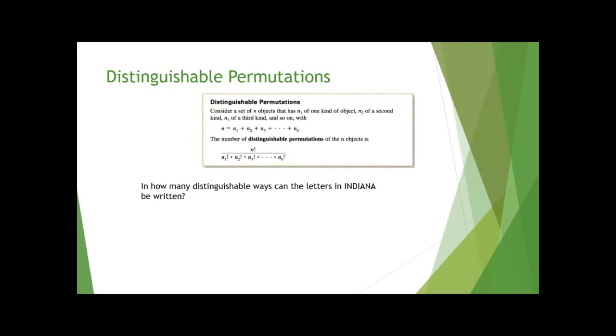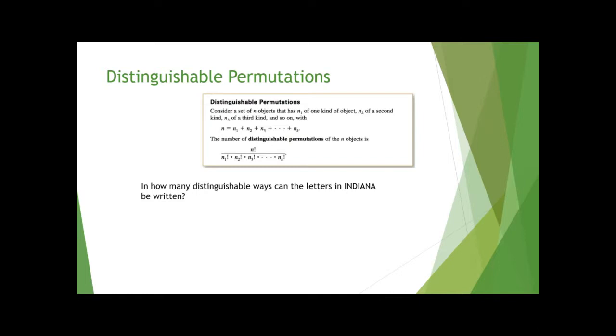It says, in how many distinguishable ways can the letters in Indiana be written? We have to say distinguishable ways because there are some repetitions. There are two A's, there are two I's, there are two N's. And so one N is exactly the same as another N. If we did a regular permutation, then it would pretend that the N's are two separate N's, but they would form the same arrangement because they're actually identical.